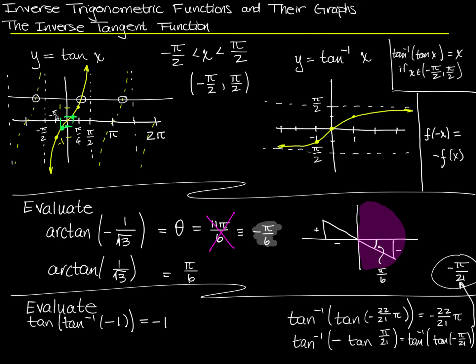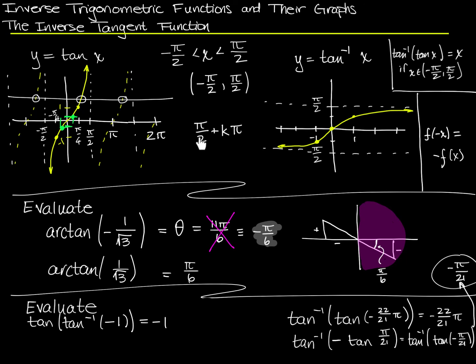Let's take a look at the domain and range of tangent. The domain is all real numbers except for pi over 2, and let me write this out because this is going to come up again in the future. Pi over 2 plus any integer multiple of pi, more or less than that.